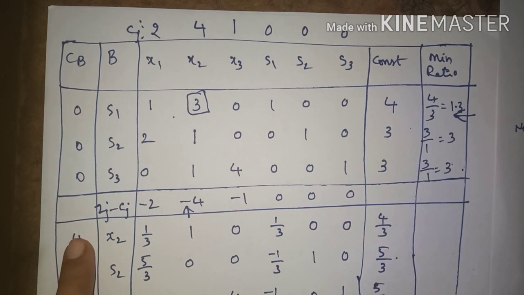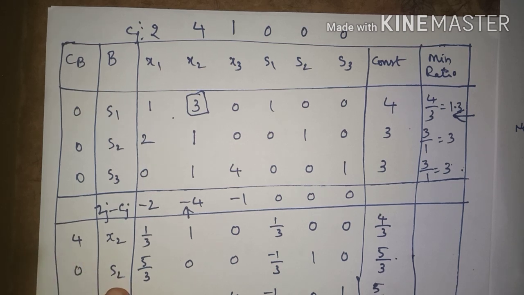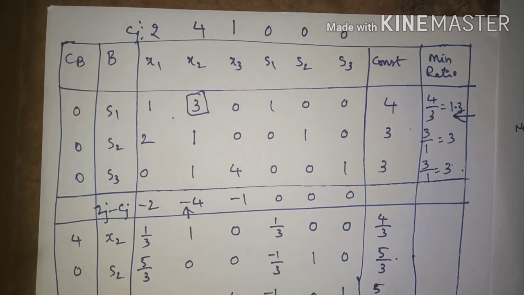Now here 4 into 4 by 3: 4 4s are 16 by 3, plus 0 into 5 by 3 is 0. 4 4s are 16 by 3 here.